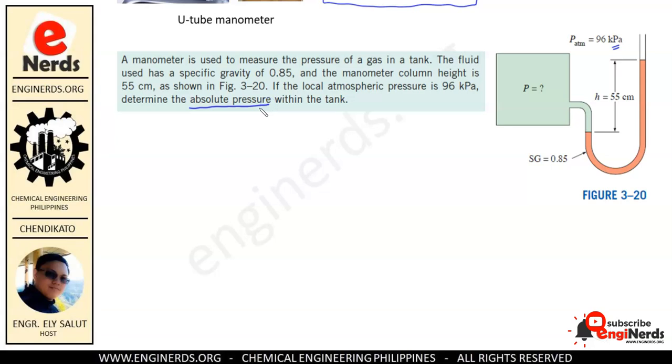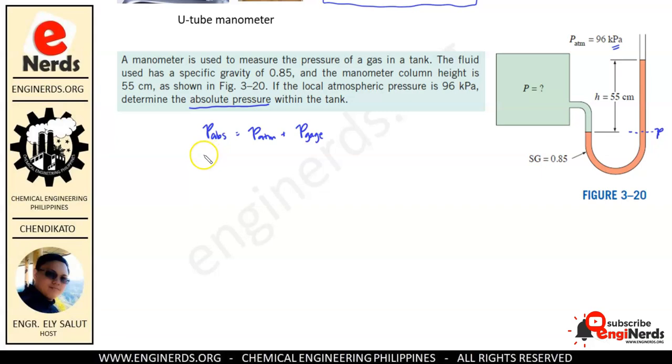And we have learned from our previous lecture that the absolute pressure is equal to the atmospheric pressure plus the gauge pressure, diba? And our manometer is capable of measuring gauge pressure. As you can see here, we have the pressure at this point, for example, which we could express in terms of the fluid which is above this point, right?